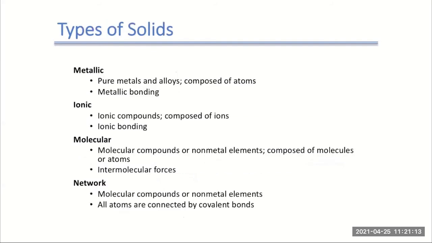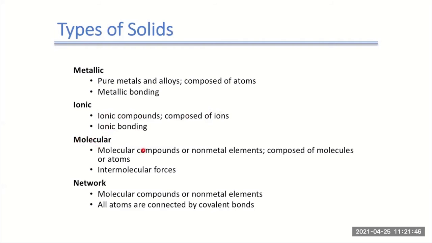Our types of solids, we have metallic, ionic, molecular, and network. Metallic solids are usually our pure metals and alloys. So they're composed of atoms, and they do what we call metallic bonding. Ionic solids, these are ones we've seen quite often. So they're ionic compounds composed of ions, and they're held together through ionic bonding.